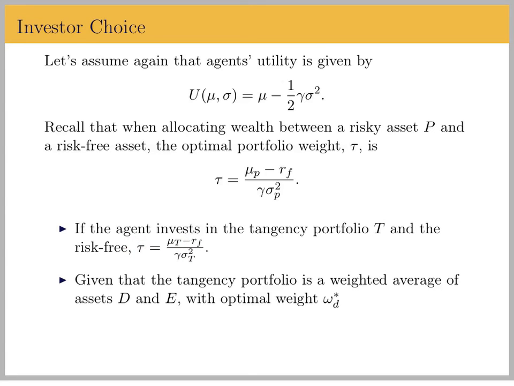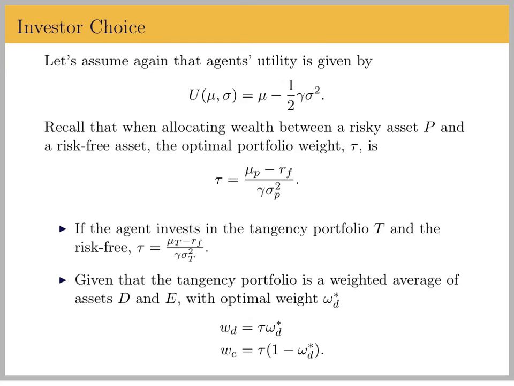And then given that you're investing that much in the tangency portfolio, you then have to take that much money and divide it according to omega sub d, which dictates how much of this money goes into D and E. We need to be very clear here: omega sub d is the fraction of the wealth invested in the tangency portfolio that goes to asset D. And 1 minus omega sub d is the fraction of wealth that goes into E. W is the total wealth.